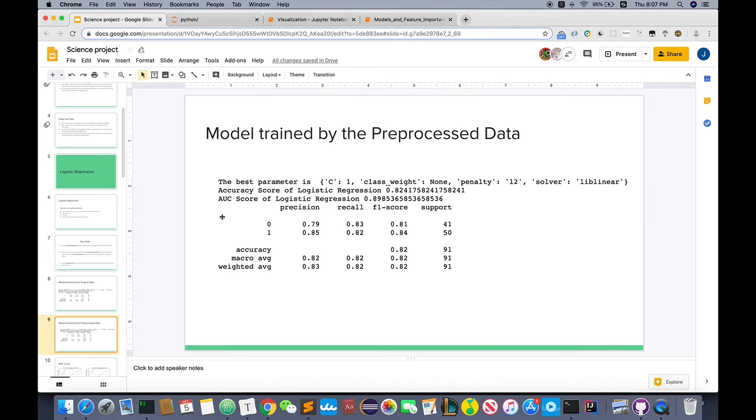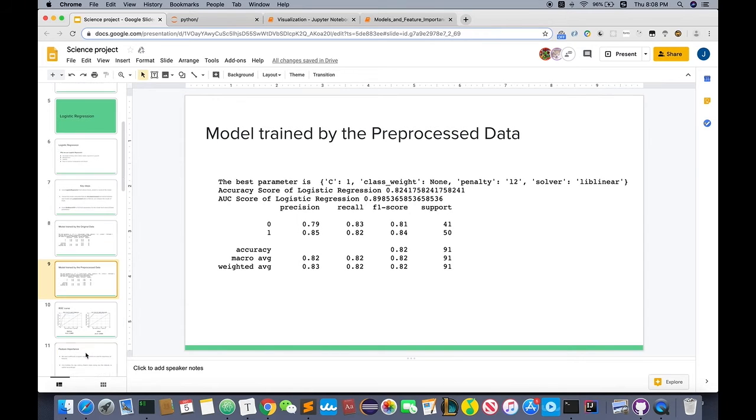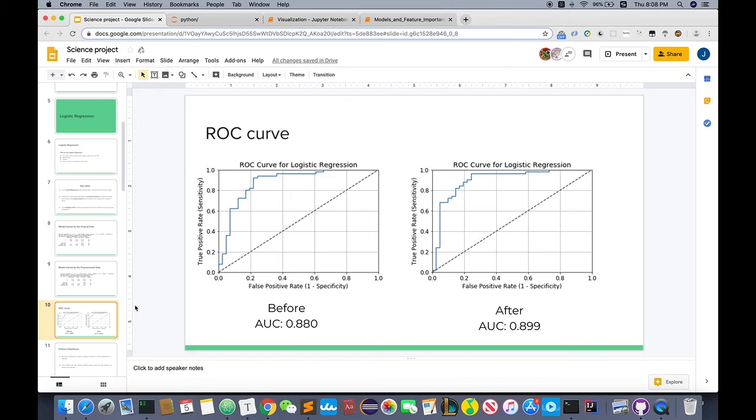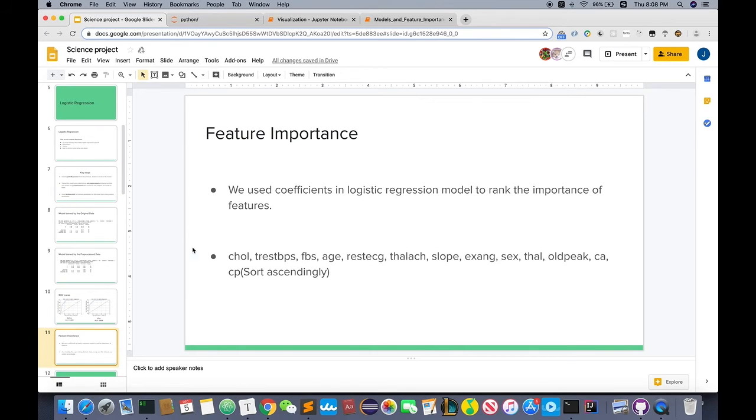So we can see that the pre-processing step is very useful, and it can improve the score of our model. Then let's take a look at the curve. This is the curve before pre-processing. This is the curve after pre-processing.